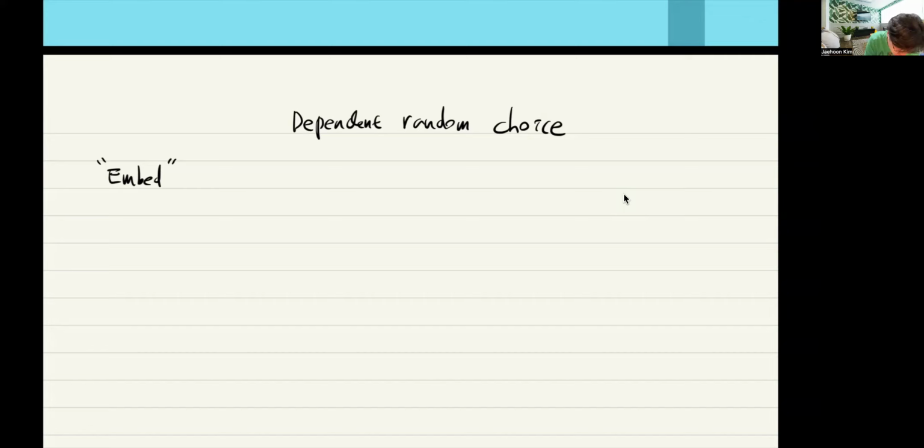So we consider a function which maps the vertices of H into vertices of G so that it is injective and it's a graph homomorphism.